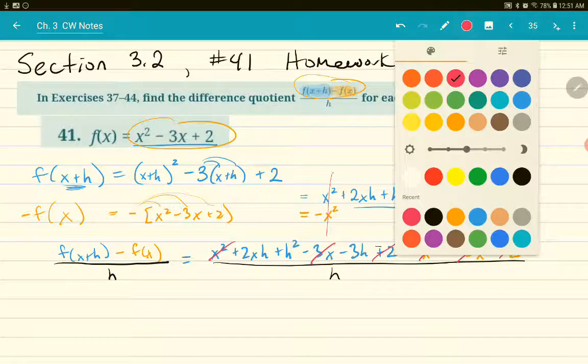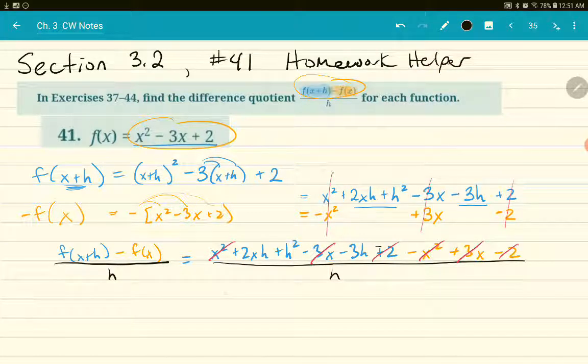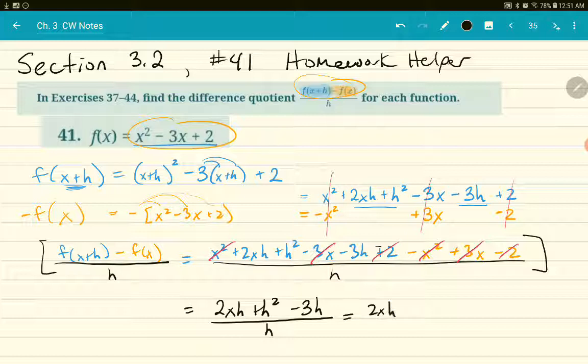So in my reduced form, and once you understand how this all comes together, you can skip this intermediate step right here and jump to this, and you get 2xh plus h squared minus 3h all over h. So since every term is over h, you can really decompose that fraction to be each piece is over h.